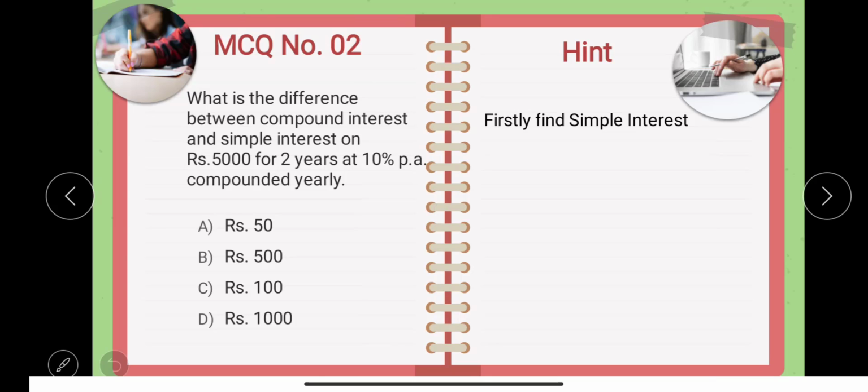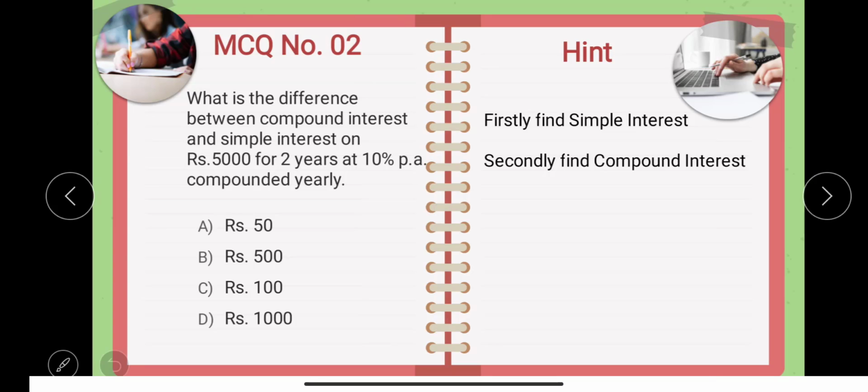Secondly, you have to find out the compound interest. So use the formula for compound interest and calculate it. It will be very easy. You have to understand the formula for compound interest.